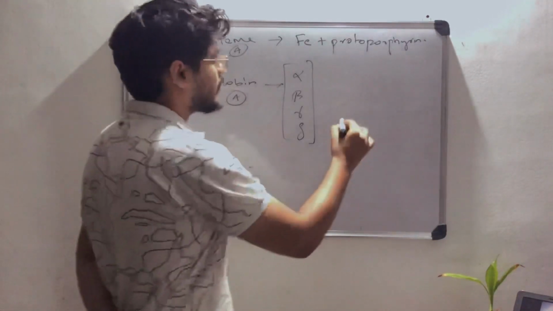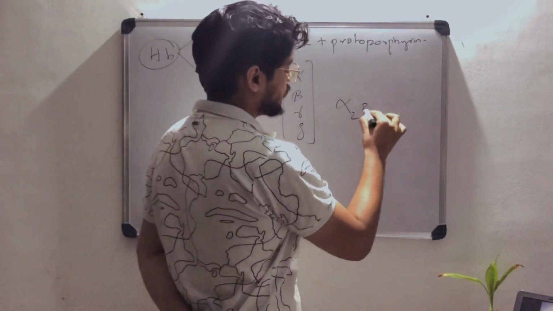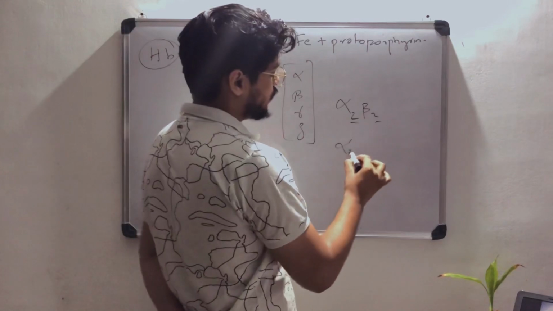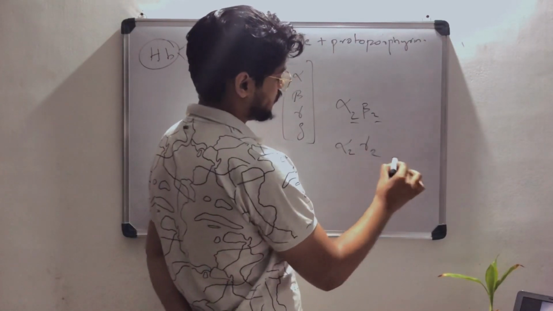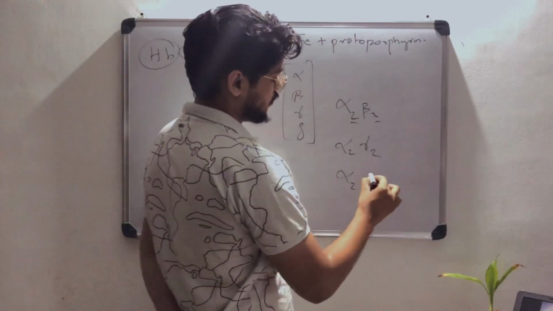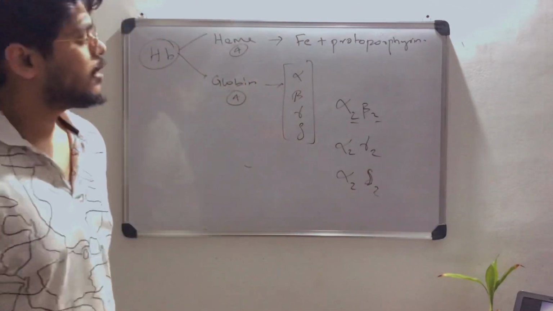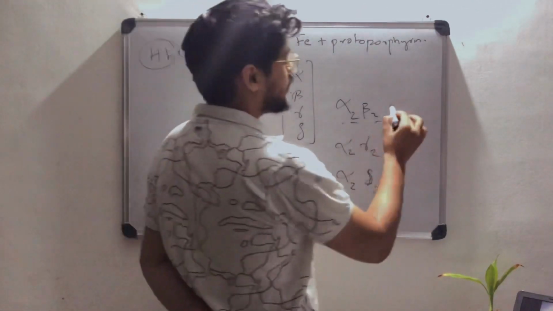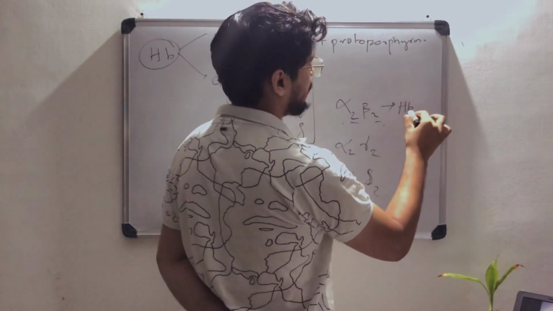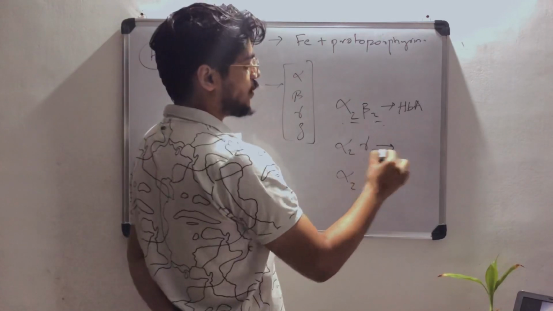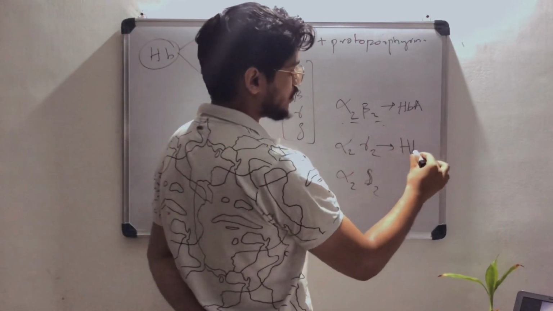Let's see. Alpha 2 beta 2. So totally there are 4. And alpha 2 gamma 2. Alpha 2 delta 2. So let's say alpha 2 beta 2 is HbA. Alpha 2 gamma 2 is HbF.